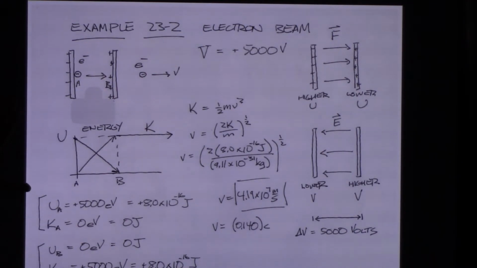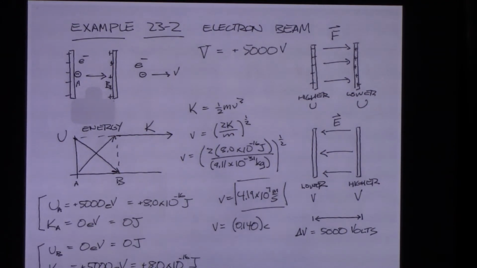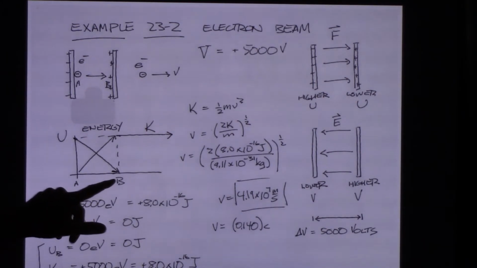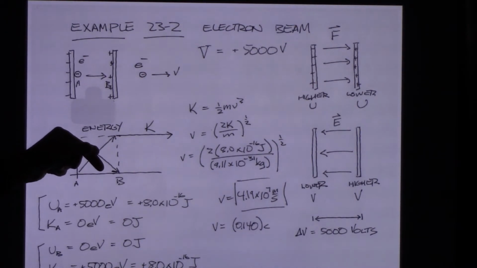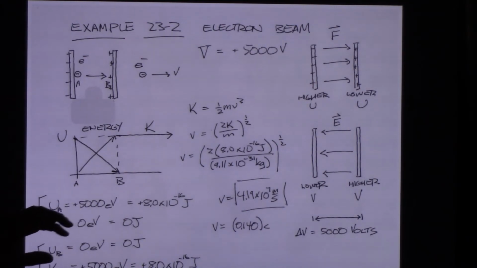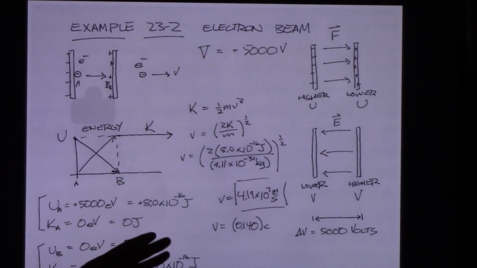So I did this little graph here and said that as we travel from point A to point B, now this is not in terms of time, but it's in terms of location. So in traveling from point A to point B, location by location, the potential energy is steadily decreasing, and we're thinking of this as, well, once it exits, potential energy is gone. We used up all the potential energy.